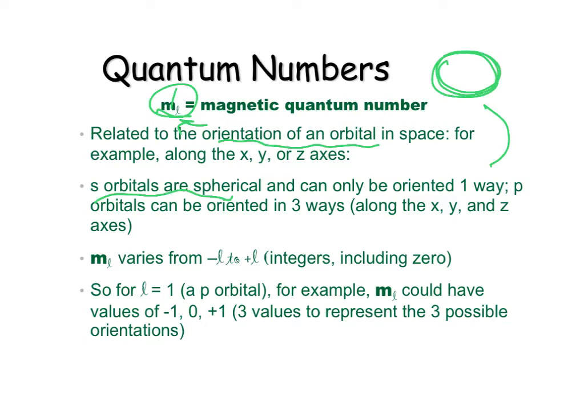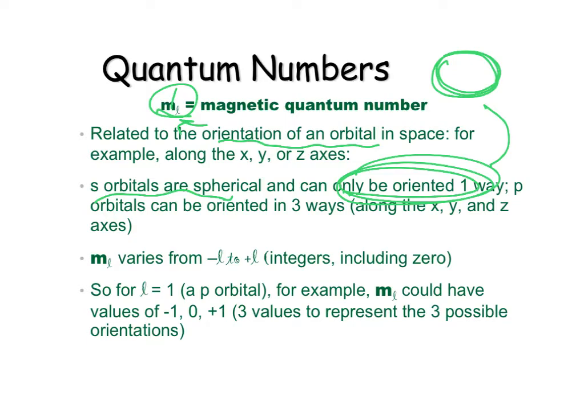You're holding it in your hand and there are no marks on it. If you close your eyes and rotate that ball in your hand and open your eyes back up, you will not be able to tell that you rotated it, okay? So s orbitals or anything spherical can only be oriented one way in space. No matter how you rotate it, it's going to look the same.